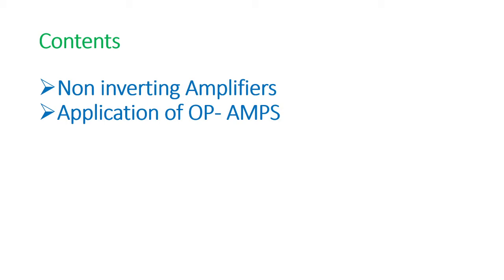In the previous lecture we discussed the definition of the operational amplifier. Operational amplifiers are a group of amplifiers which perform a number of operations like amplification of signal, addition of signal, and multiplication and division of signal.